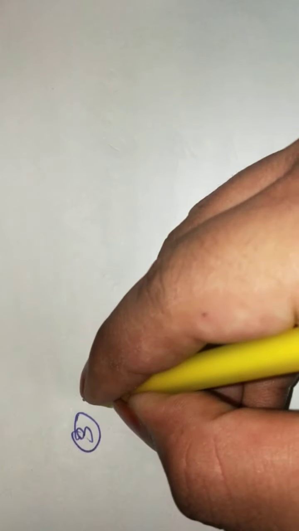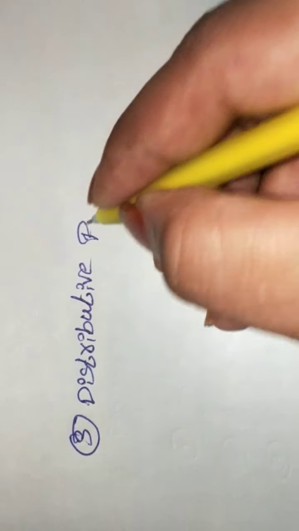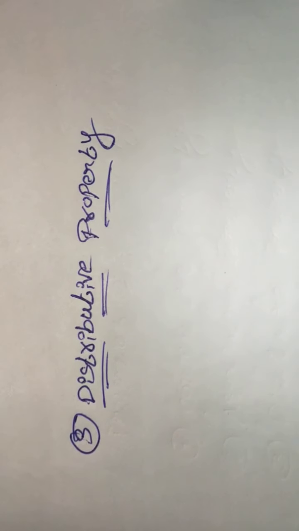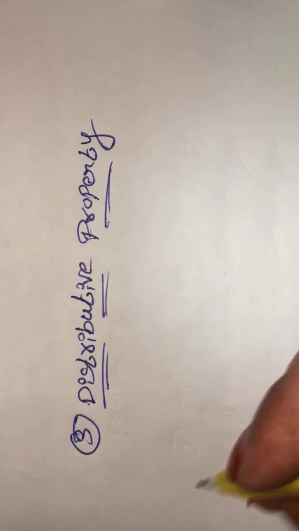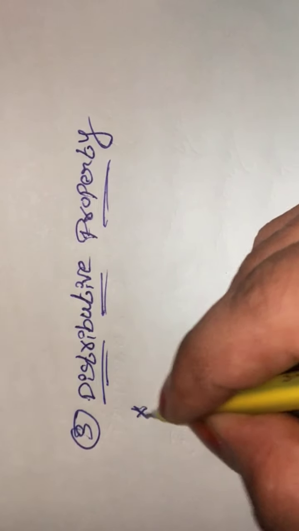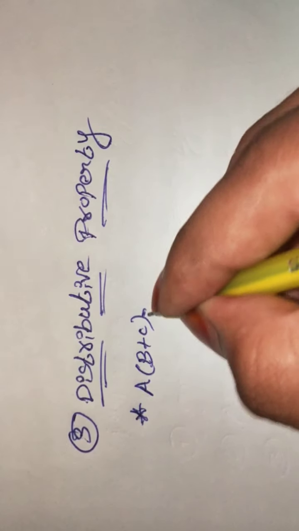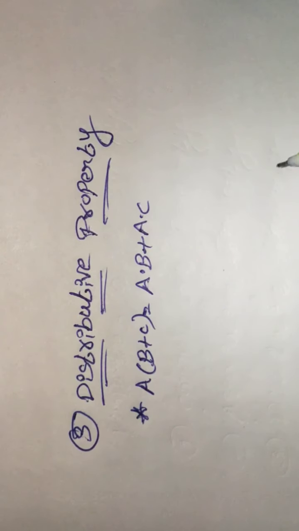Third property is the distributive property. How do we distribute variables in a relation? For the three variables relation, we have to show that A into B plus C equal to A into B plus A into C, the multiplication method.